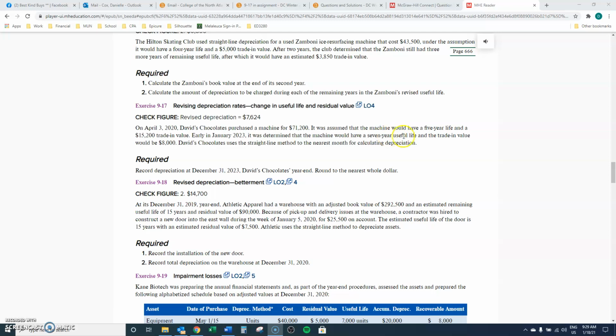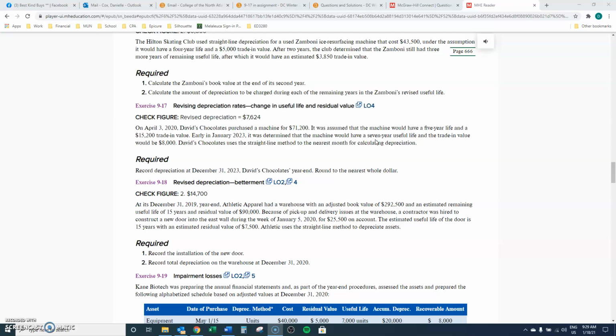The useful life, they say now, is 7 years, but how long have we already had the machine? We had it for 9 months in 2020, then 1 year in 2021, and another year in 2022. So we had it for 2 years and 9 out of 12 months. To make it easier for subtraction purposes, 9 over 12 is the same as 0.75.